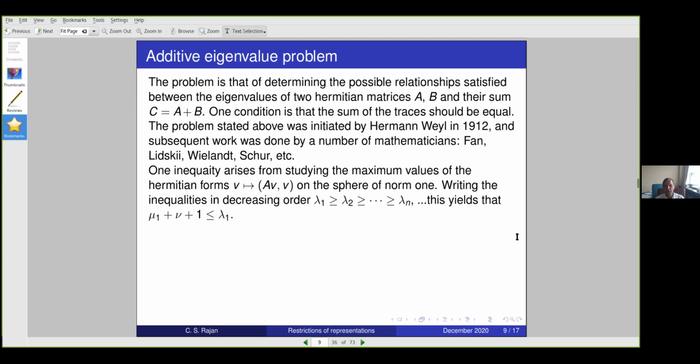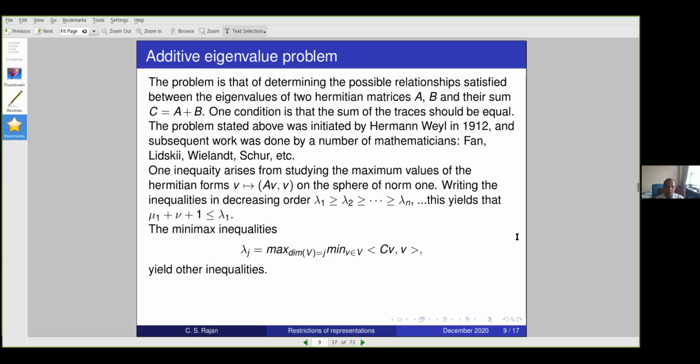So this yields, of course, it's a typo there, nu 1, the maximum eigenvalue of A, plus nu 1, the maximum eigenvalue of B, is less than or equal to lambda 1, the maximum eigenvalue of C.